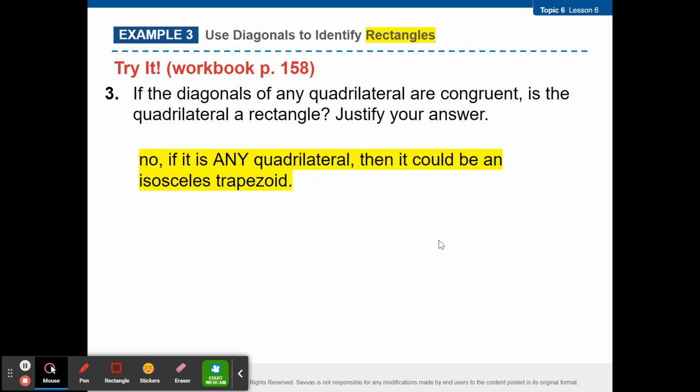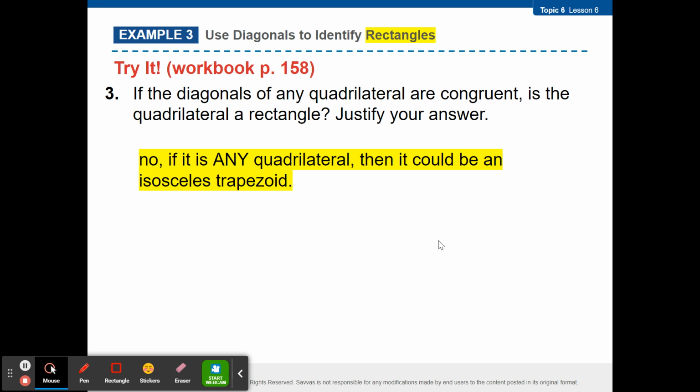We're just doing process of elimination. No, actually. If it is any quadrilateral, then it could be an isosceles trapezoid also. Because remember, isosceles trapezoids, do they also have congruent diagonals? They do. So the term here is any quadrilateral.